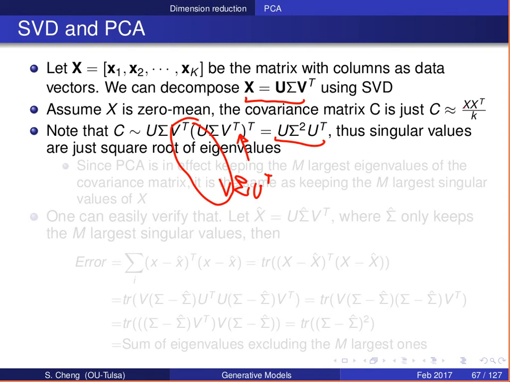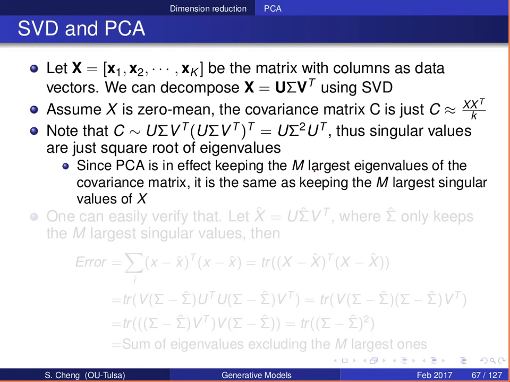Let me be more precise: the singular values of X will be just the square root of the eigenvalues of C. Because PCA in effect is just keeping the m largest eigenvalues, right? So we can immediately get those eigenvalues, and the corresponding eigenvectors, from the singular value decomposition of X.